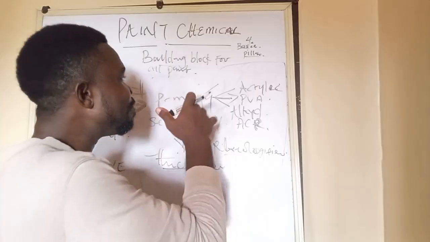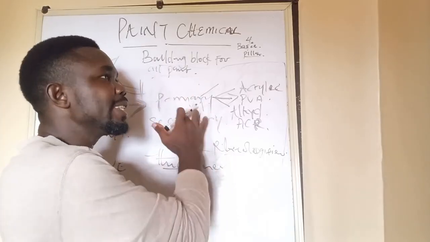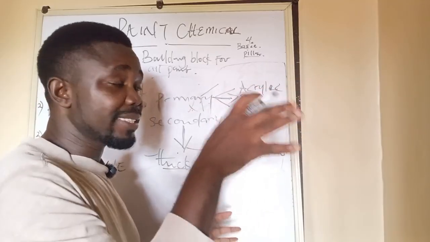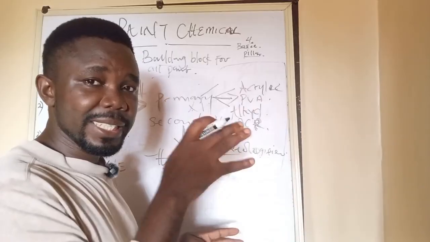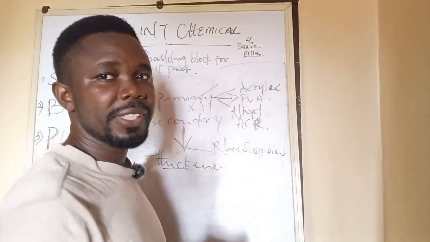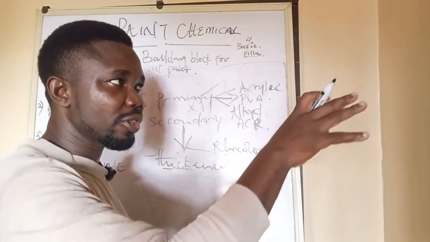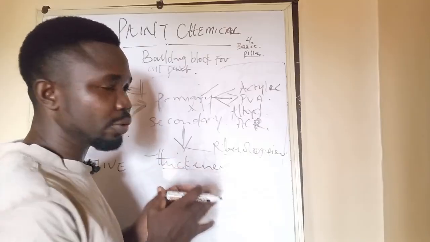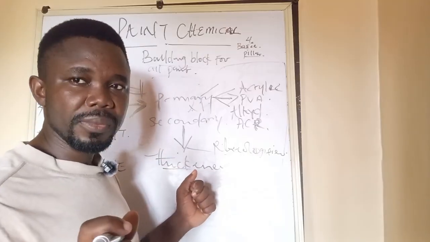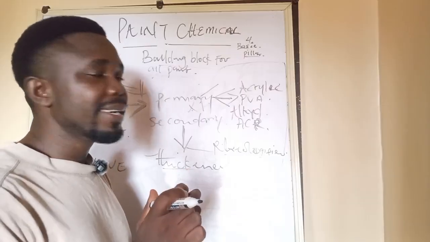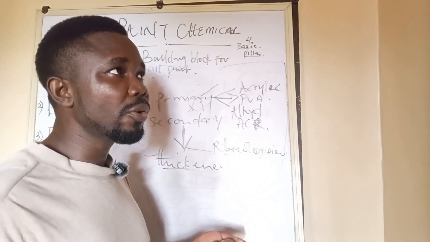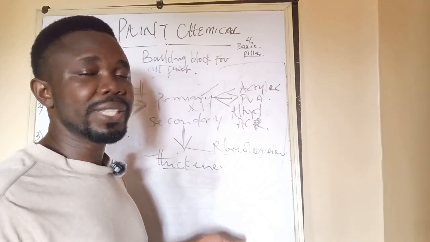But the primary function is for it to hold all that has actually been dispersed, especially the pigments, on the substrate, to bind them to the substrate. That is the primary function. But in their secondary function, they can keep the binder separated in the medium, but they can't really hold the weight.